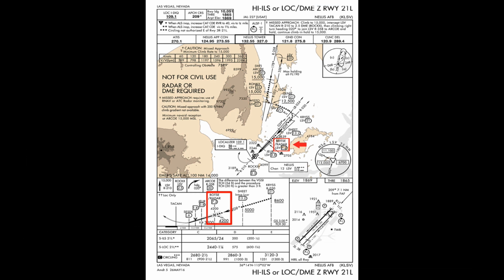At this point, you should definitely be having the glide slope, and you should be following the glide slope down, but we also have a further mark into the approach called Geller at 3.8 miles at 3,200 feet. And then there is another mark, 1.8 miles into the approach from LSV.